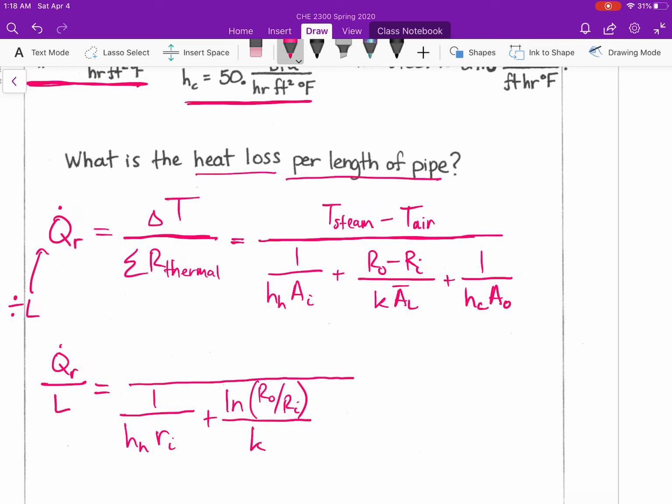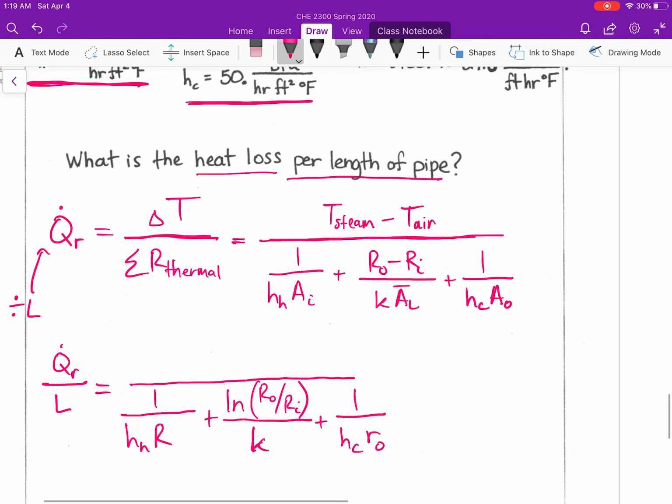I'm going to do a bit of rearranging as well. I guess we've been doing capital R's here, capital R-O.